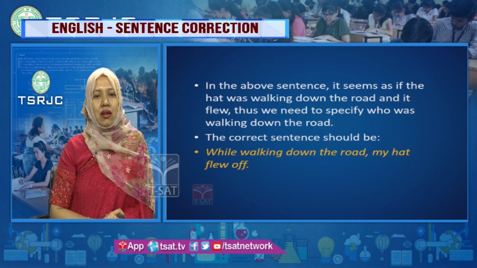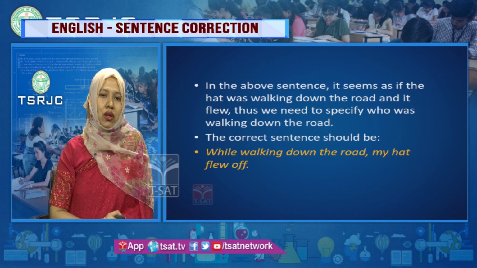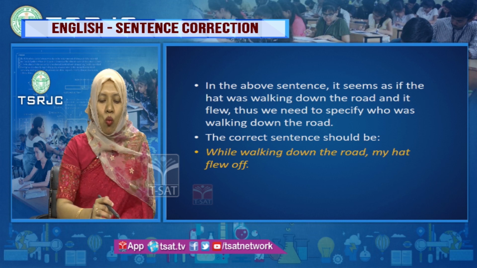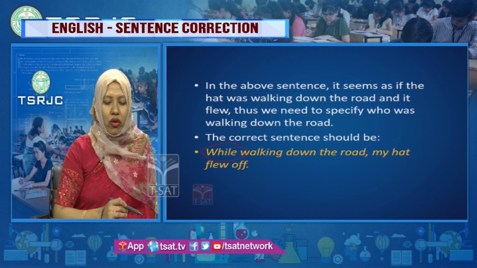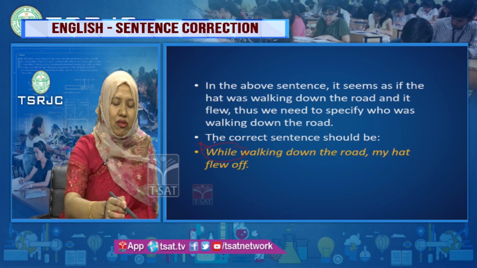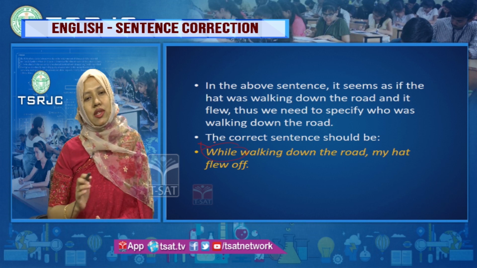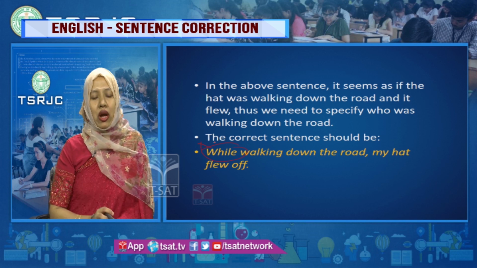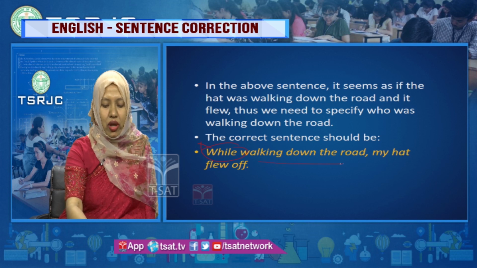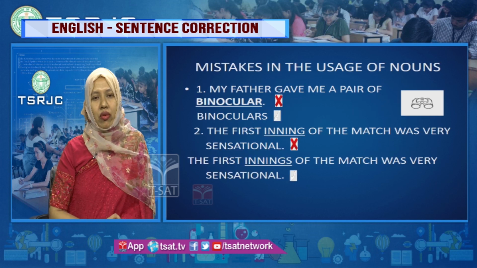We think that the hat was walking down the road and it flew away, which is wrong. The correct sentence should be while walking down the road, my hat flew off. So, even without using the word while, walking down the road, my hat flew off, it gives the same meaning. But you have to understand, here somebody is walking, you are walking down the road, and while walking, due to wind, the hat flew off.